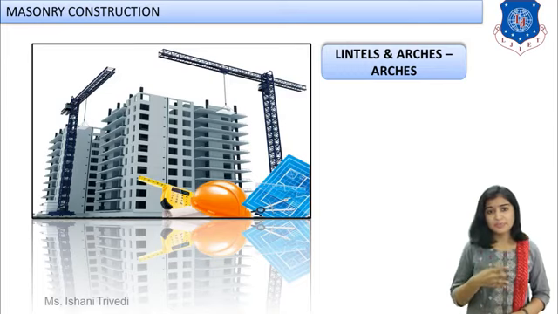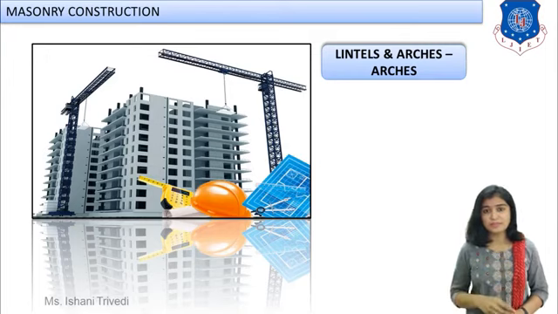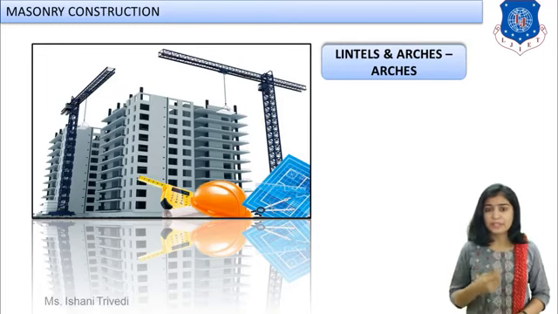Now as we move further, we are moving to certain special kinds of masonry construction which are also inevitable. You will have to construct them in your conventional, traditional structures also. So one by one we are discussing all kinds of masonry construction which are important to us and have to be studied in detail.